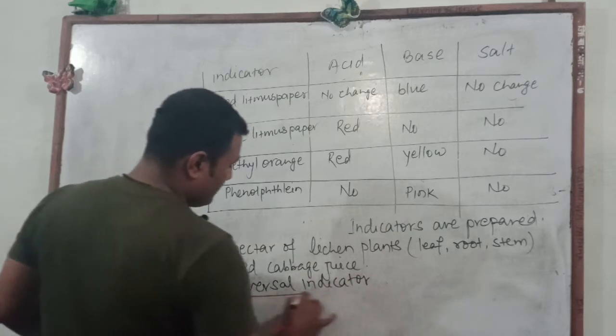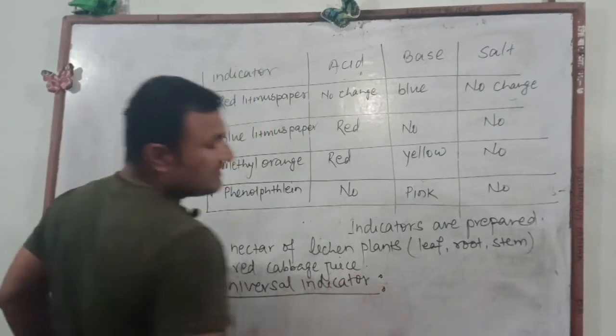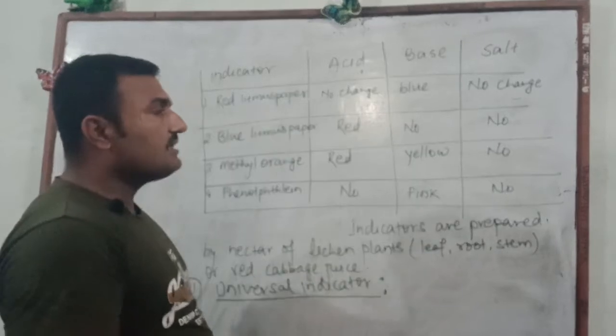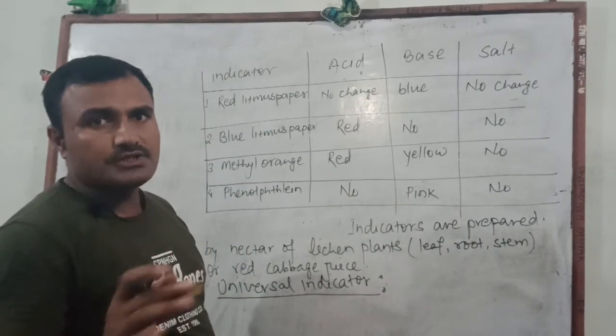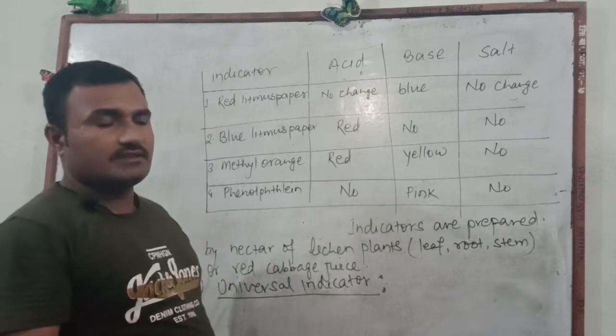Listen, the universal indicator is an indicator which identifies acid and base with its strength.